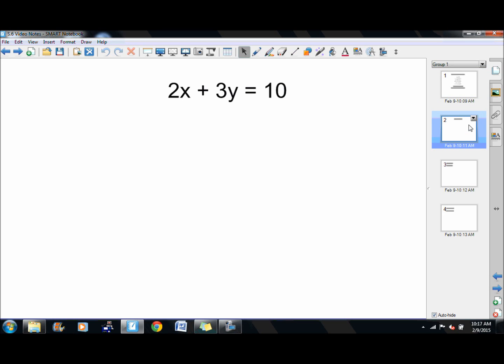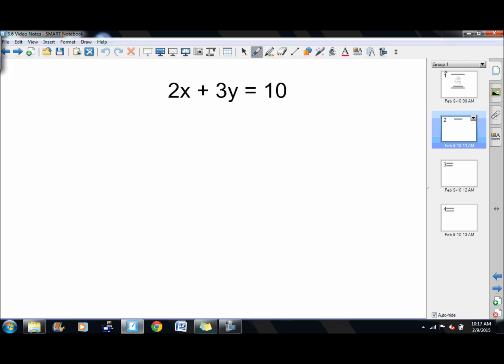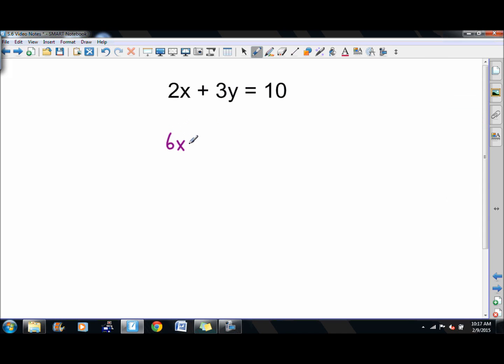Before we start the addition method, I want to really emphasize that I can take an equation and I can do whatever I want to it as long as I do the same thing to every term. So if I take this top equation and I multiply every term by 3, and I get 6x plus 9y is equal to 30, my x and my y are still the same thing.